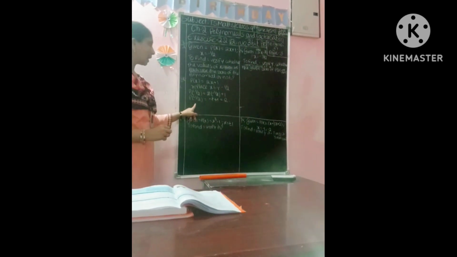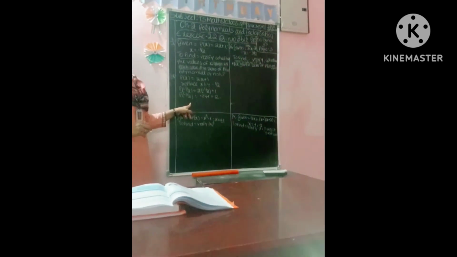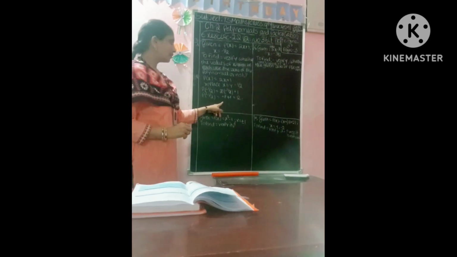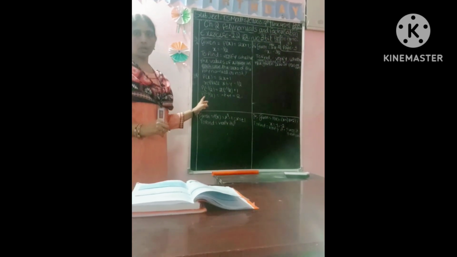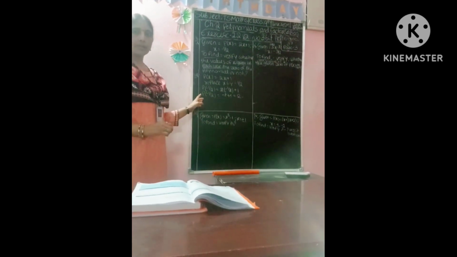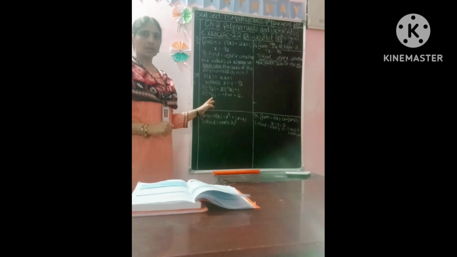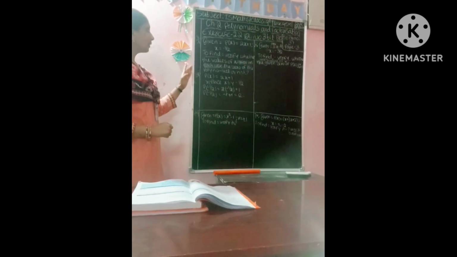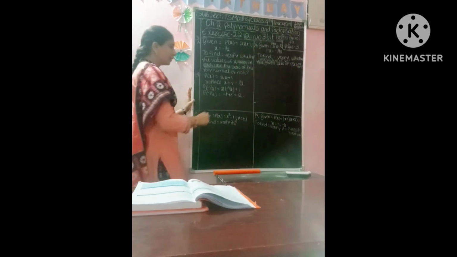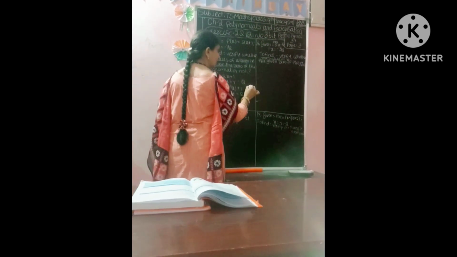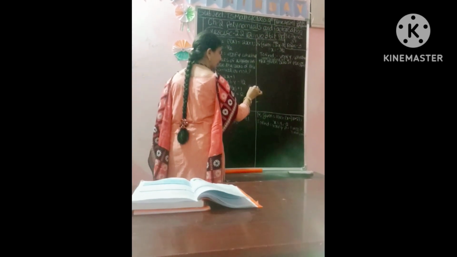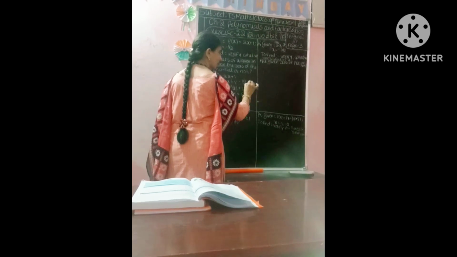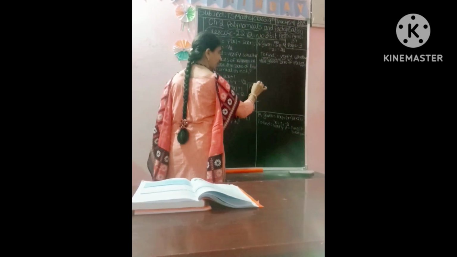Whatever value we substitute, that value is called a zero of the polynomial. Whenever we substitute some value in place of x, and the final answer we get is 0, then that is a zero of the polynomial: p of x equal to 0.